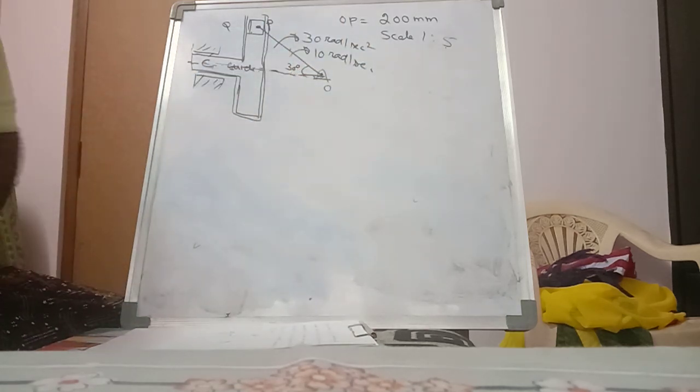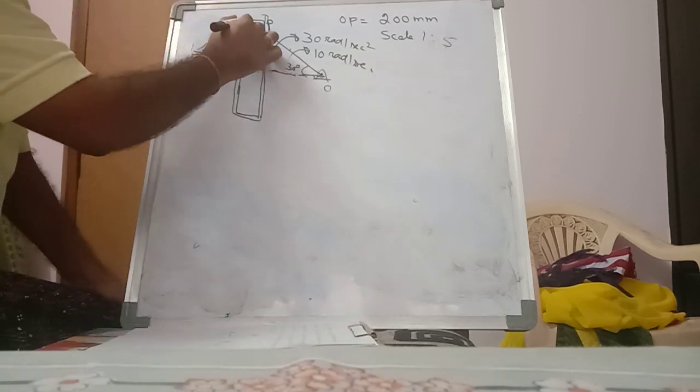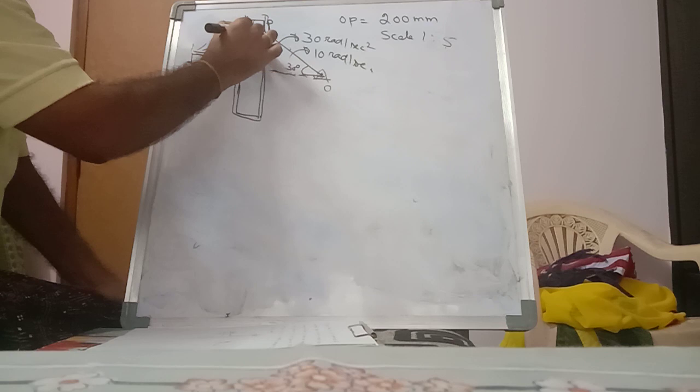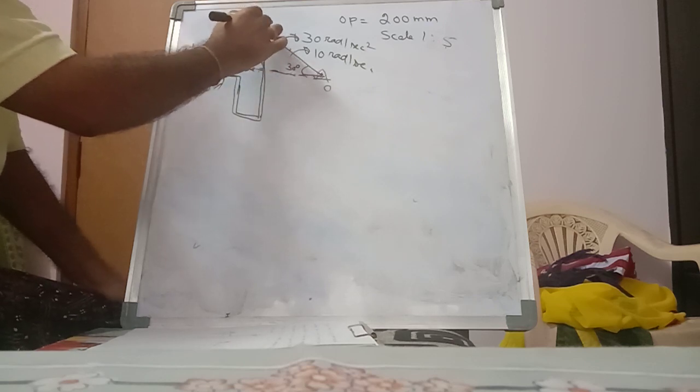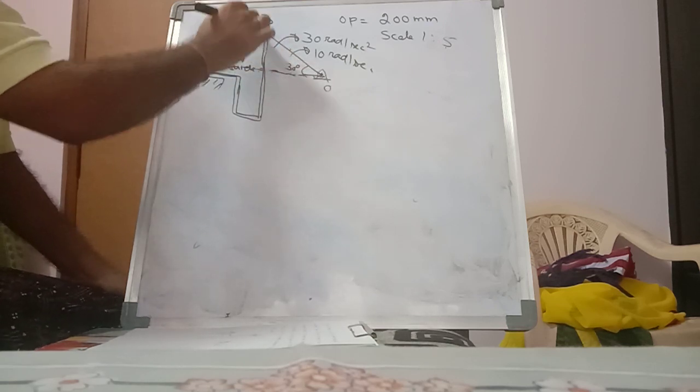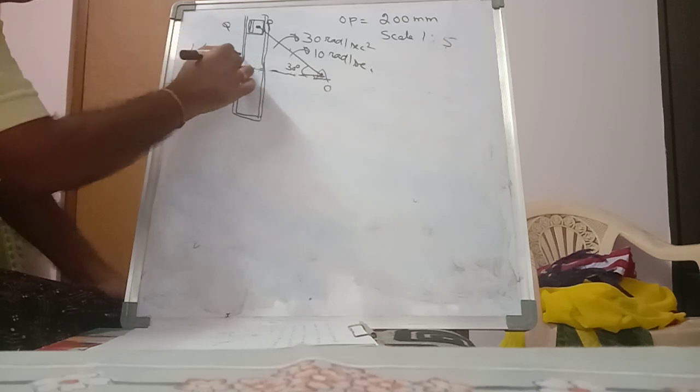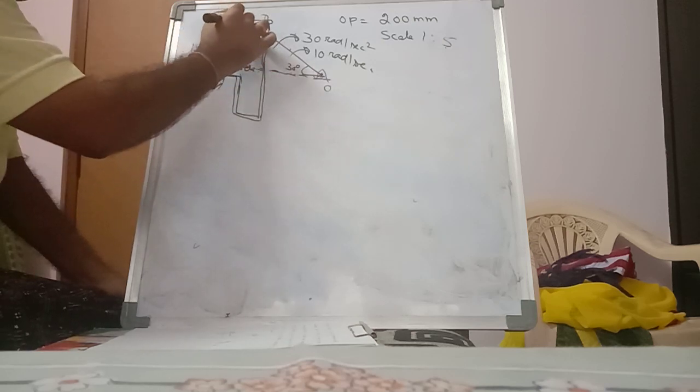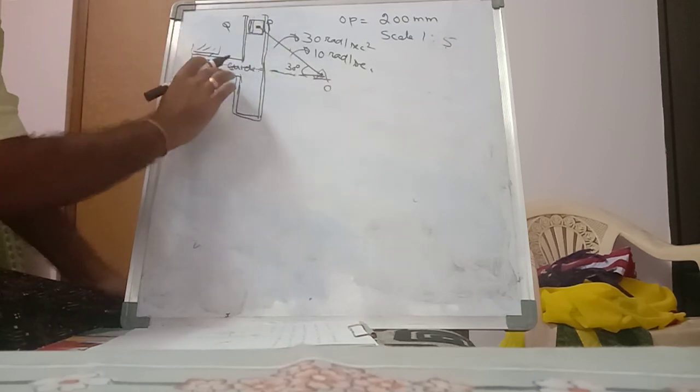Now we have to determine the acceleration of the slider. Here we have to find the acceleration of this slider. Q and C are different points of this guide.